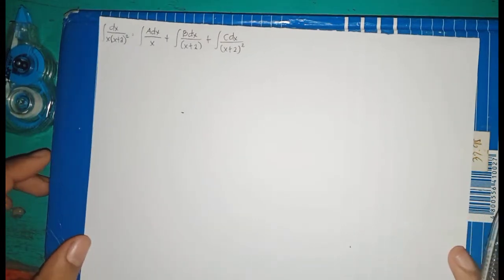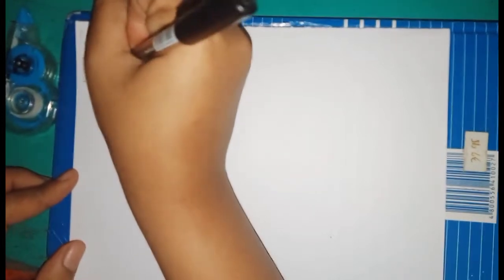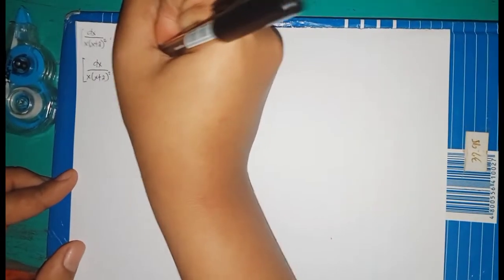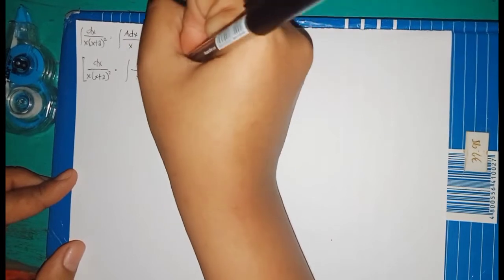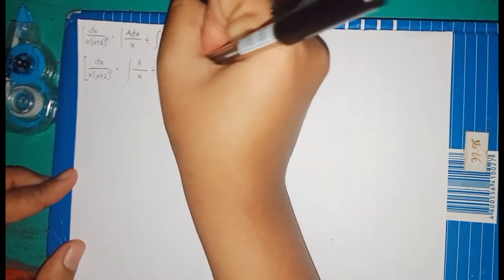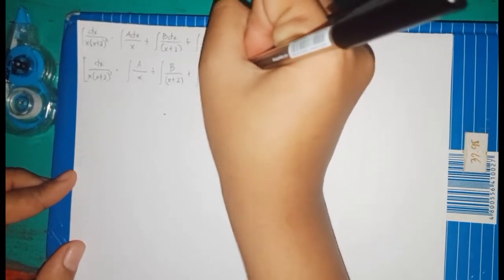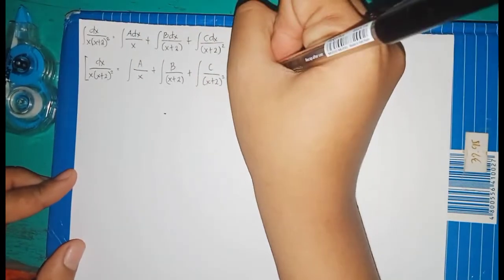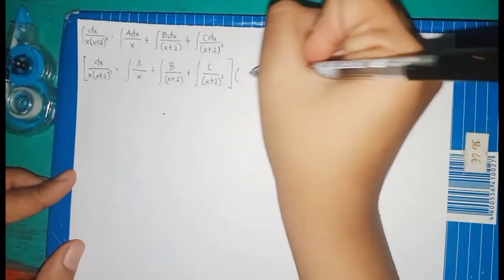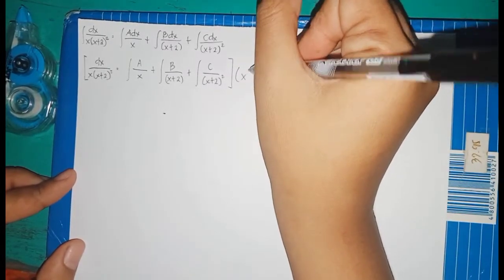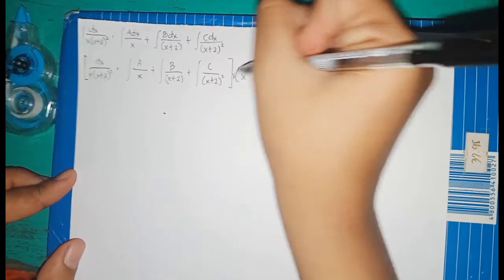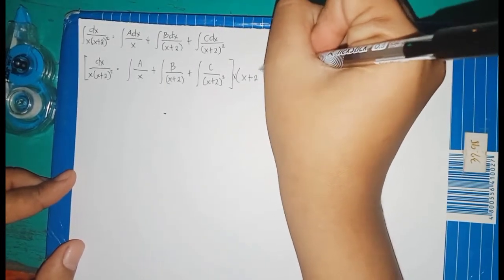The next is dx over x times x plus 2 squared is equal to the integral of A over x plus B over x plus 2 plus C over x plus 2 squared, times the quantity x times x plus 2 squared.